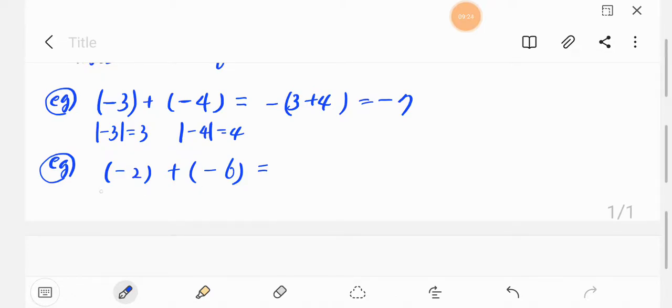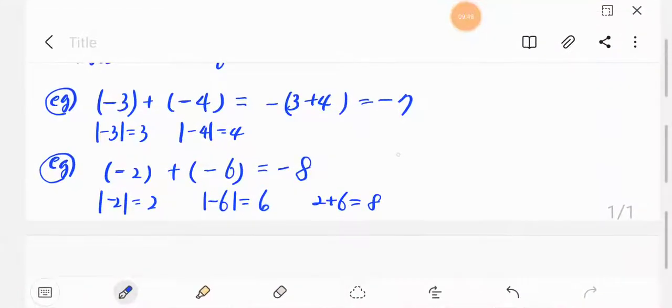The absolute value of negative 2 is 2, and the absolute value of negative 6 is 6. Make it positive. So add 2 and 6, which is 8, right? So the answer will be 8, but the sign is negative. These two addends have the same sign, which is negative. So put the negative 8.